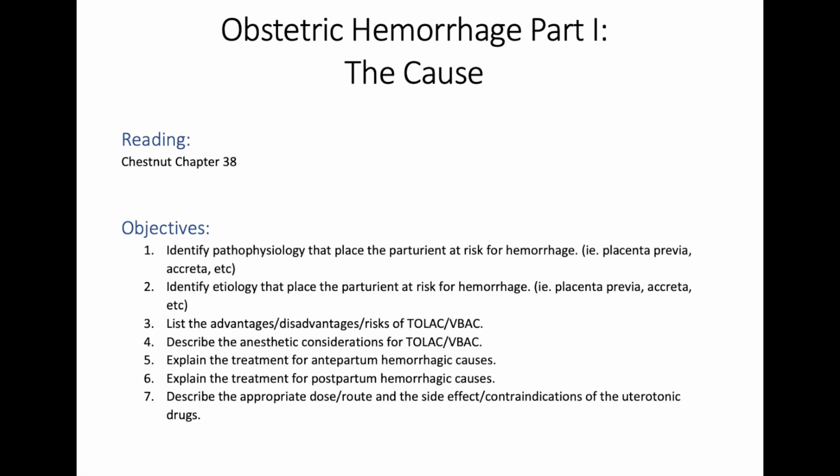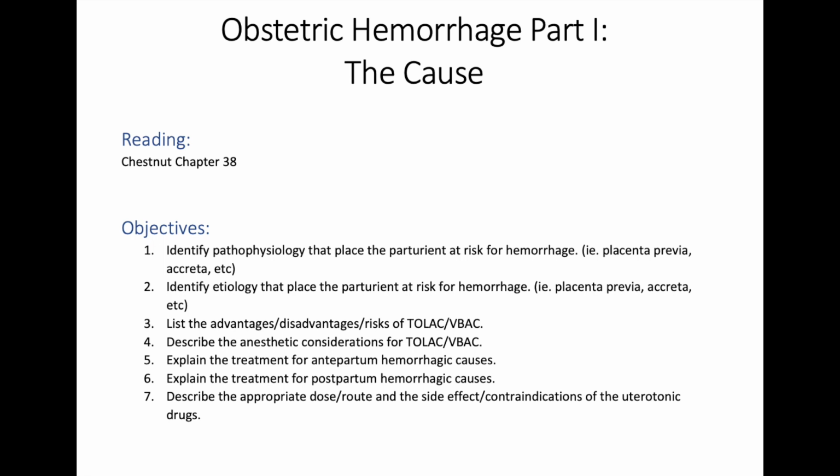So with accreta, it attaches deeply into the uterine wall. With increta, it actually attaches into the uterine muscle, or into the myometrium. And placenta percreta actually embeds completely through the uterine wall, and sometimes it can go completely through the wall of the uterus and into other organs of the body.